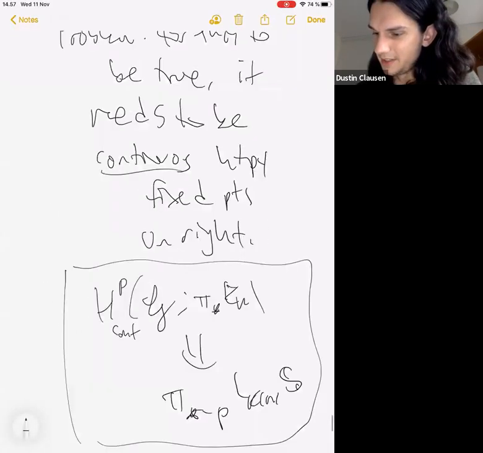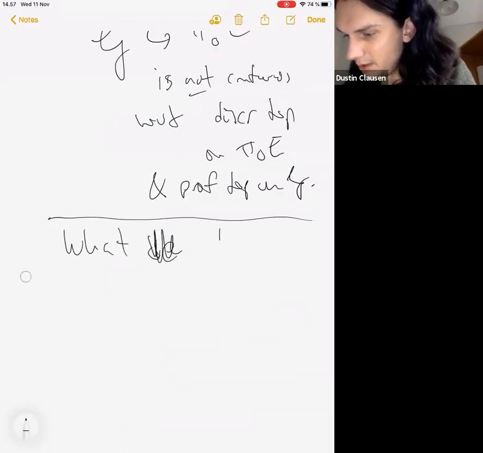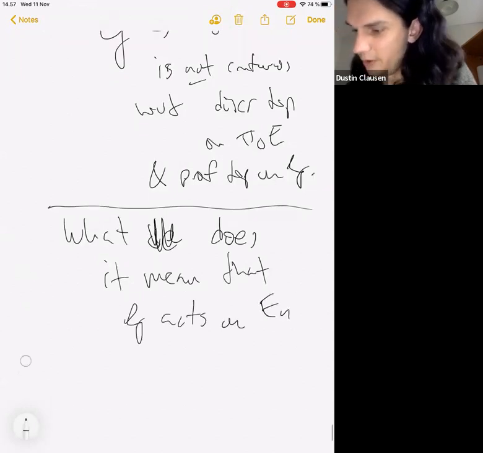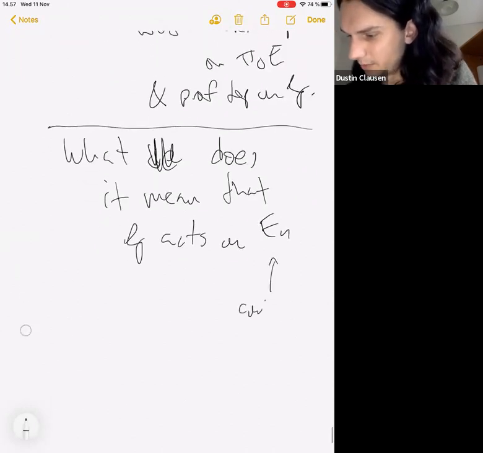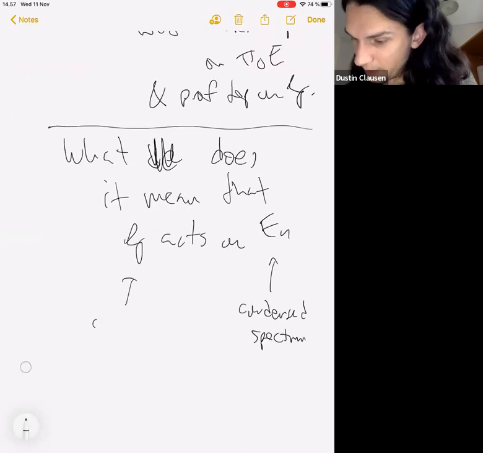But first, let's take a step back. What does it mean that G acts on E_n? Now this here is a condensed spectrum, or ring spectrum if you want, and this here is a profinite group. We can also view it as a condensed group.